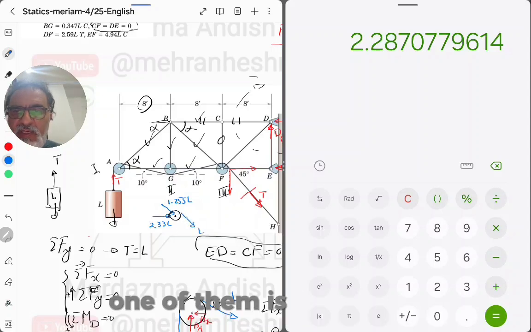One of them is L, and this angle is 45 degrees.